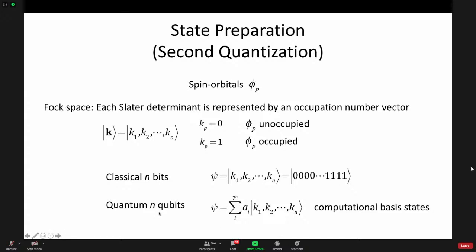However, with the same number of qubits, as you can see, we can store a combination of so many Slater determinants, like the full CI wave function. So there is a huge advantage in using a quantum computer.